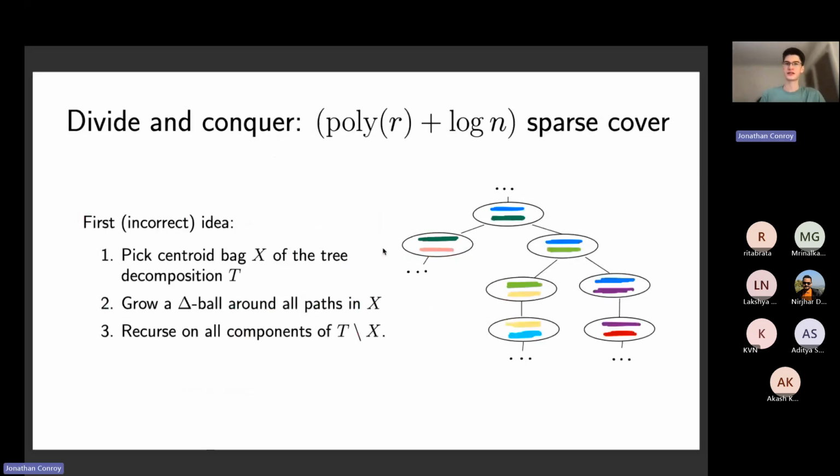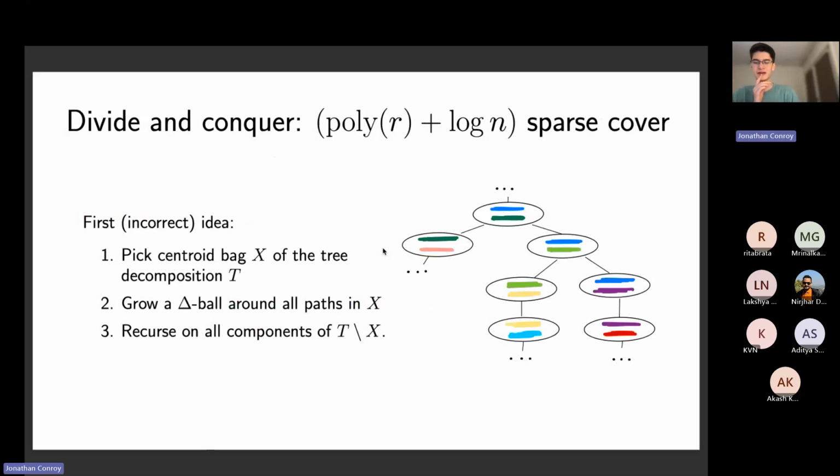So the intuition, I think, is easiest from this example where let's try to get poly r plus log n sparse cover. And we can do this by, let's not even use the buffered COP decomposition. Let's just work from the COP decomposition right now.